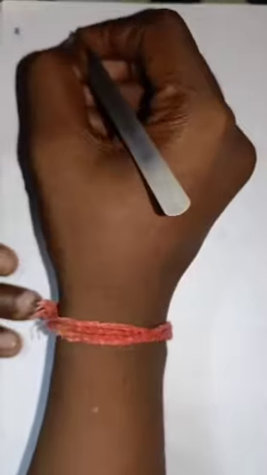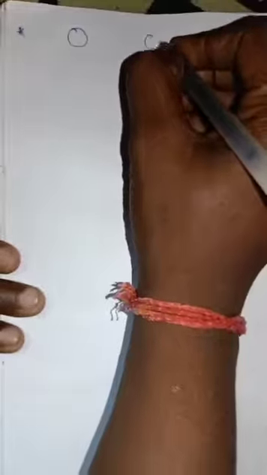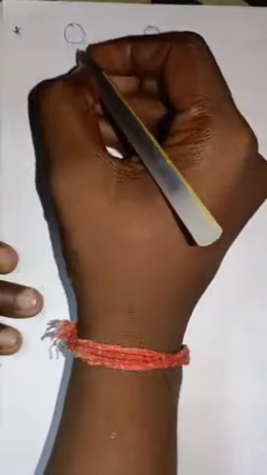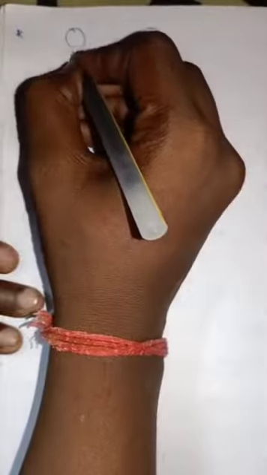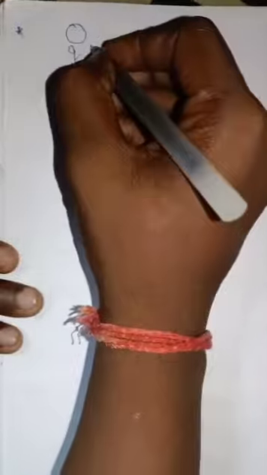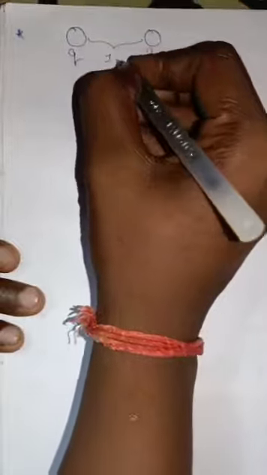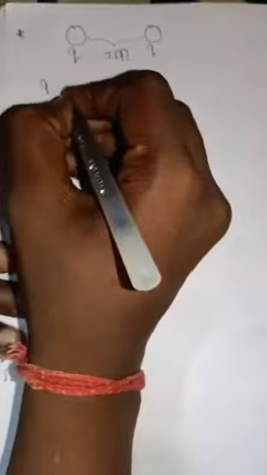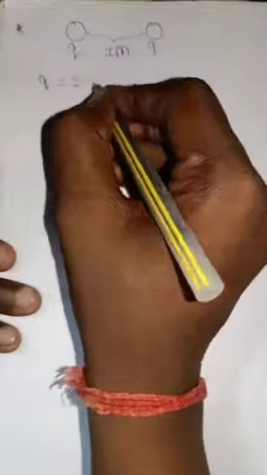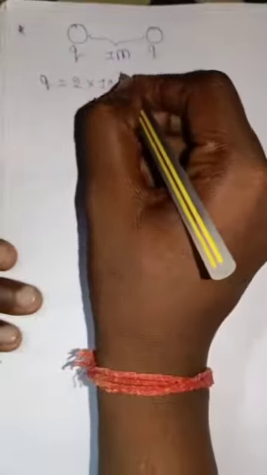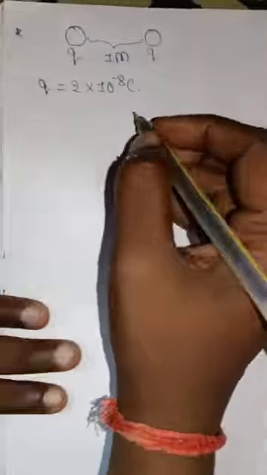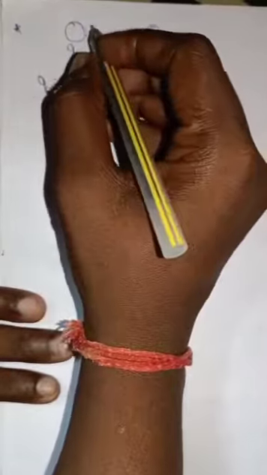In this question, they have given two charged particles. Let us assume that charge is Q. Both are equal, separated by a distance of 1 meter, and the charge Q is 2 × 10^-8 coulomb.